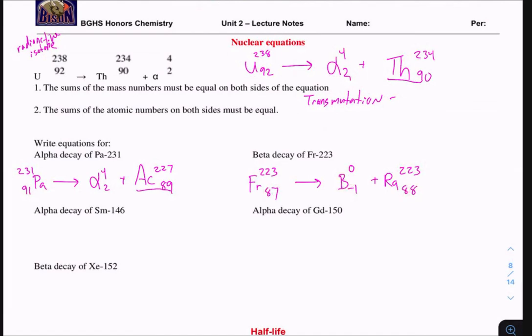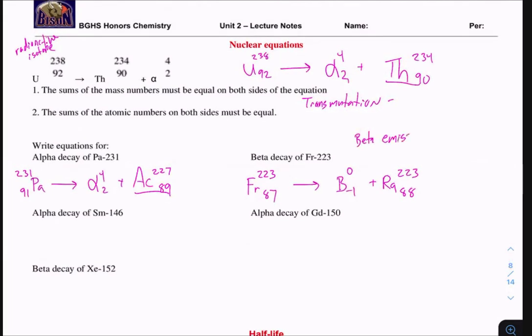Okay, so that's kind of important to notice. Alpha particles decrease atomic number, beta particles increase atomic number. So beta emissions increase atomic number.